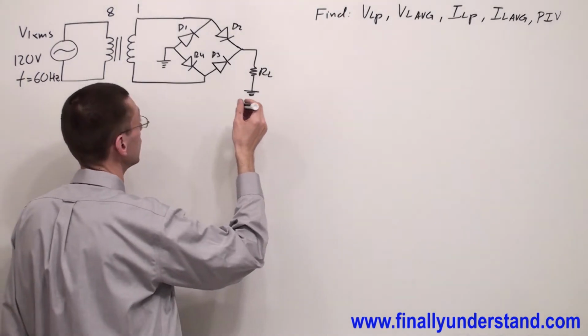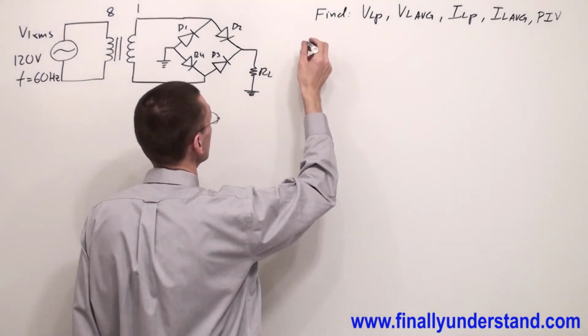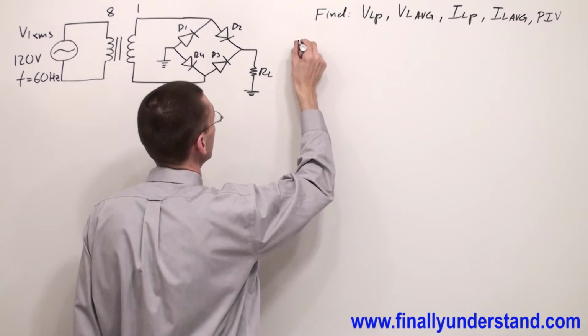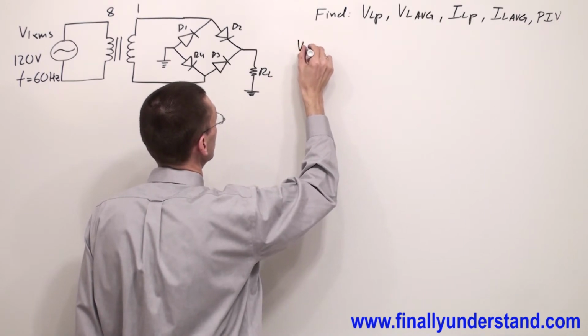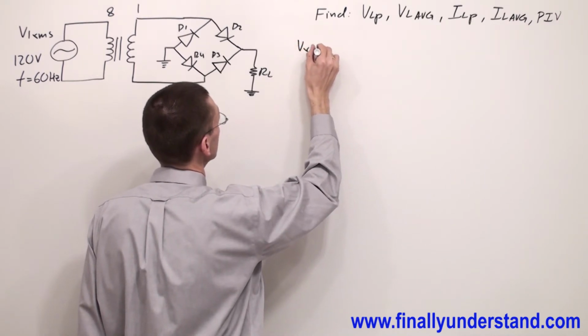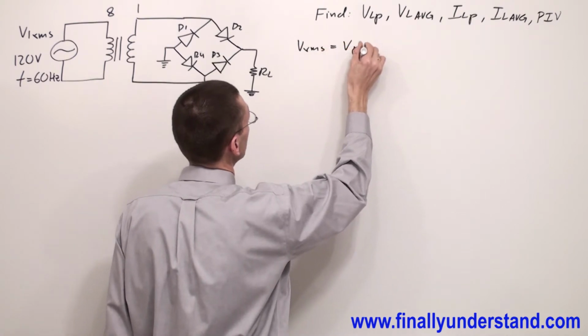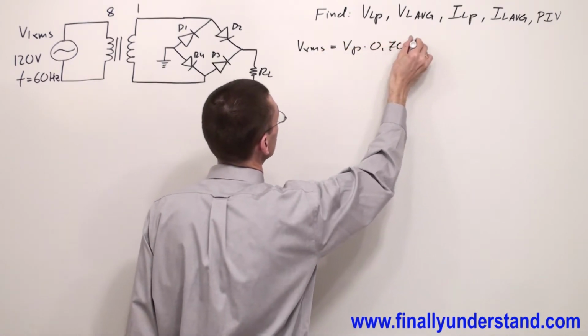Because my voltage is given in RMS, I'm going to convert RMS to peak. Remember, the general formula says V RMS is equal to voltage peak times 0.707.